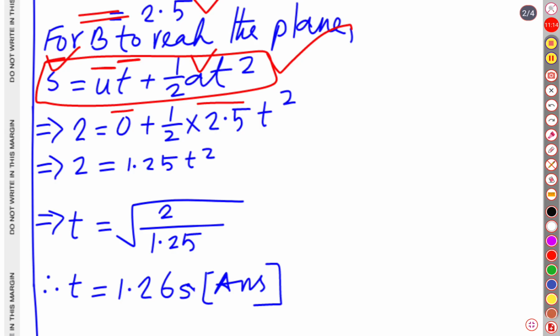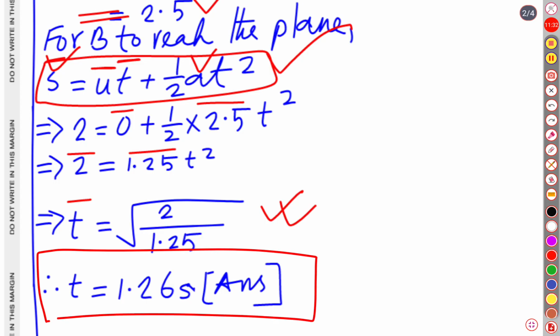So 2 on the left side, and on the right side half of 2.5 is 1.25 t square. If we transpose, t is equal to the square root of 2 over 1.25. That means t is equal to 1.26 seconds. This is the time taken by B to reach the plane.